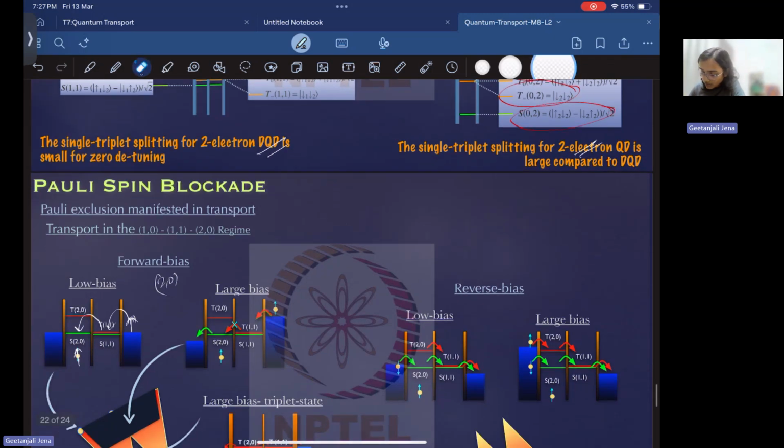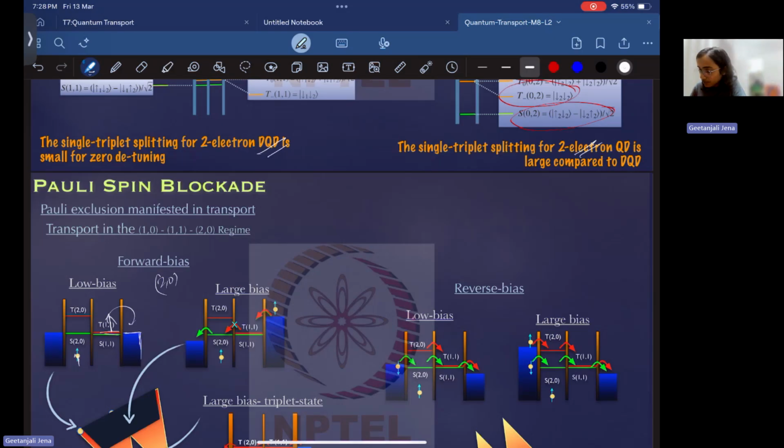So that is why if you couple a spin-up state to this side, it won't couple to this left quantum dot. But because this singlet state has the same energy level as the Fermi energy level of the drain side, it can tunnel back.